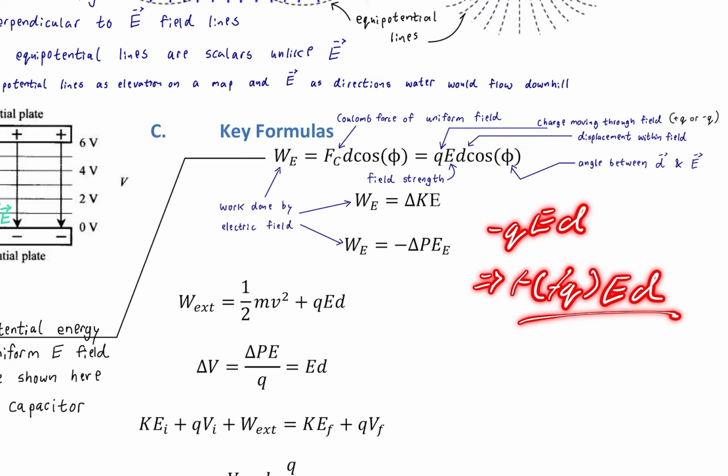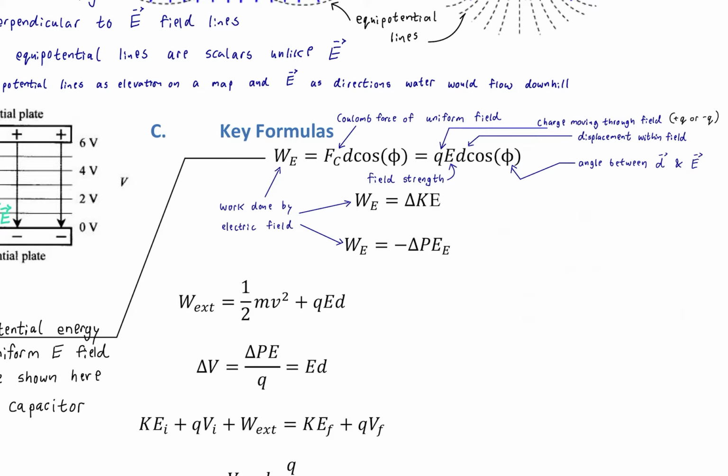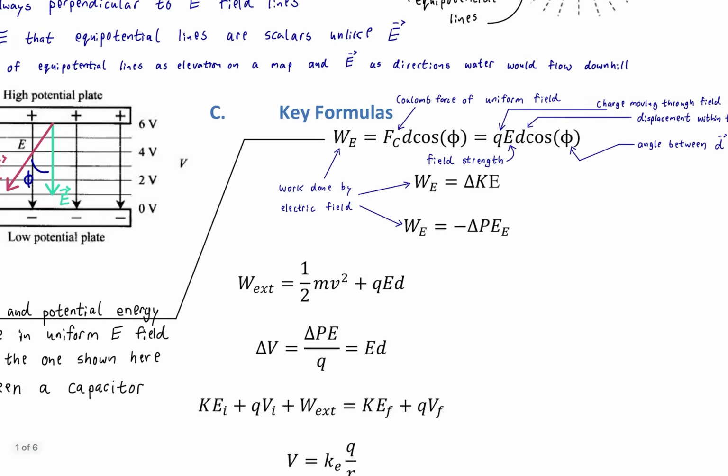But that, of course, makes sense, because an electron moving opposite to an electric field is actually having work done on it. Whereas an electron moving with an electric field is not having positive work done on it. The field would not be accelerating it, it would be slowing it down. Got it? Okay.